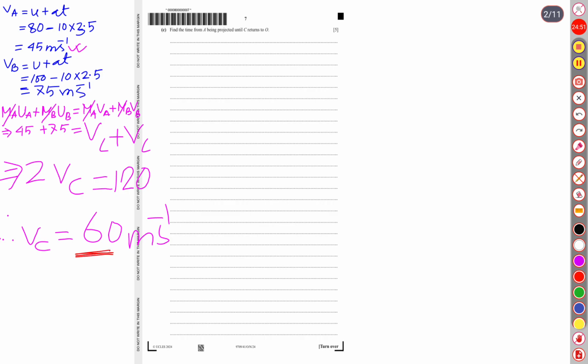That means the particles A and B met at this point, and now this is particle C. As the velocity after the collision is positive, it went up, and when it reached the highest point the velocity was zero as it changed direction from upward to downward.